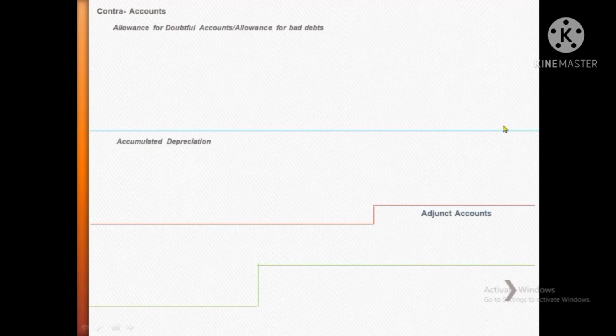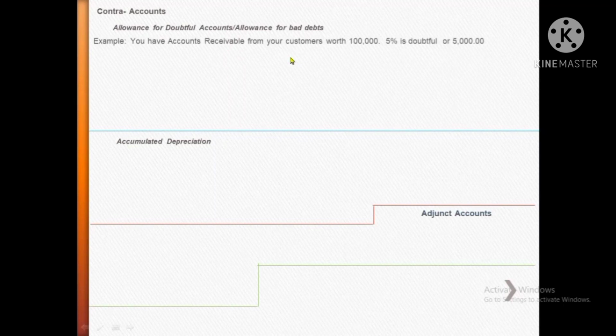Let us focus first on the allowance for doubtful accounts. This is a contra account of the accounts receivable. I would like to emphasize though that it is not the same with the doubtful accounts expense. So let's elaborate. For example, you have an accounts receivable from your customers worth 100,000 and you doubt that 5% of it is uncollectible.